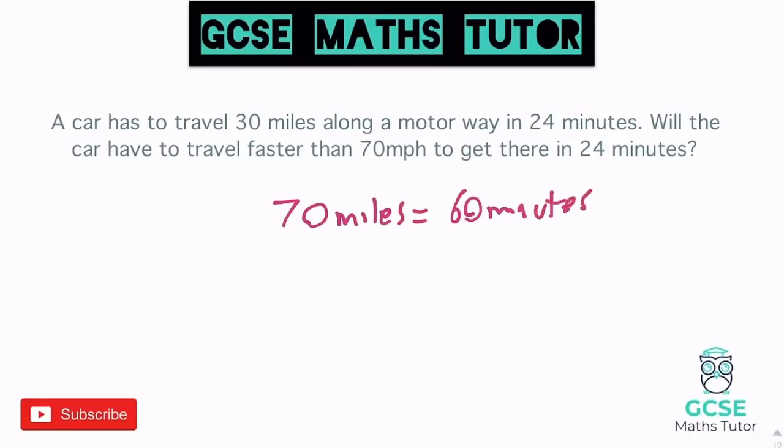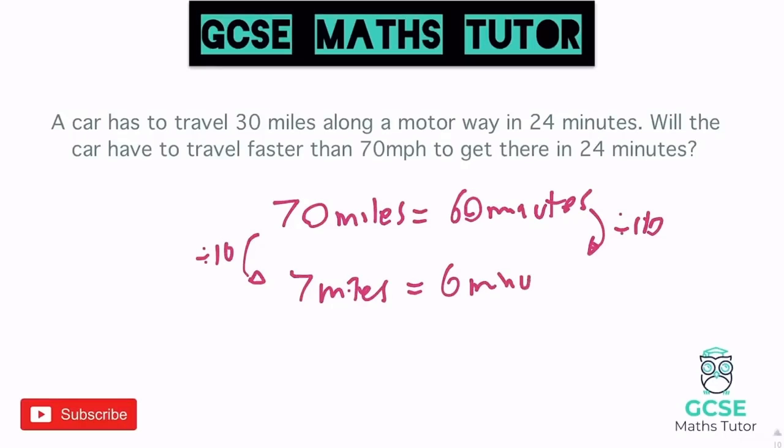Now what we can do is start to break this down. What can I divide both sides by? If I divide both sides by 10, that would mean I would go 7 miles in 6 minutes. So 60 divided by 10 gives us 6 minutes. Now it says we've got to go 30 miles in 24 minutes.